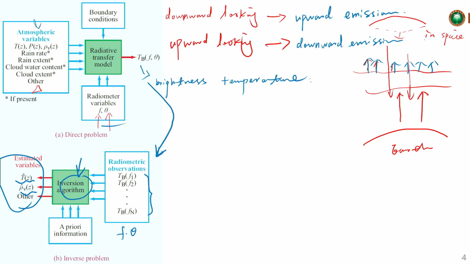The best thing is that the estimated variables agree very well with the actual atmospheric variables. This depends on how the inversion algorithm works, and actually, this is the most difficult thing for us. So this is the detection and inversion process using a radiometer for the atmospheric variables here.